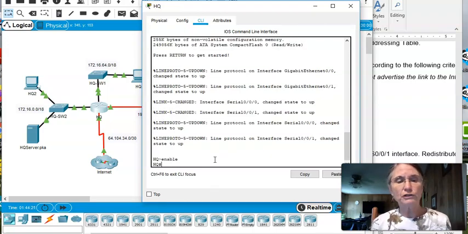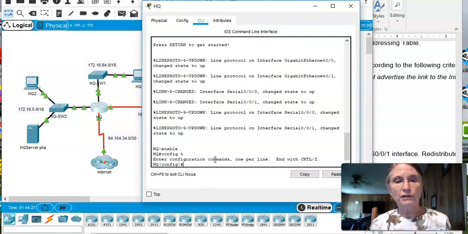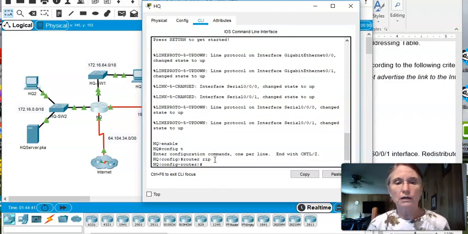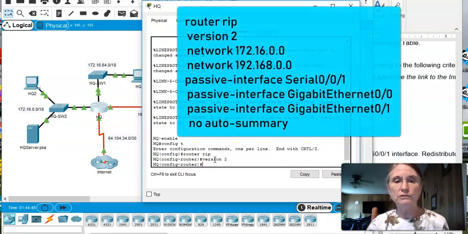So first we must issue the enable command, and of course go into configuration mode. And at this point we are going to want the RIP protocol, and we need to specifically say version 2 of the RIP protocol.